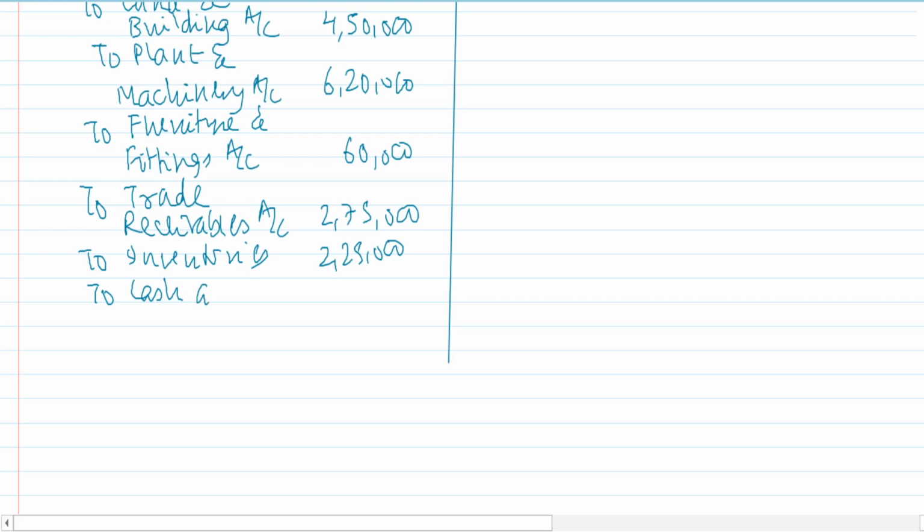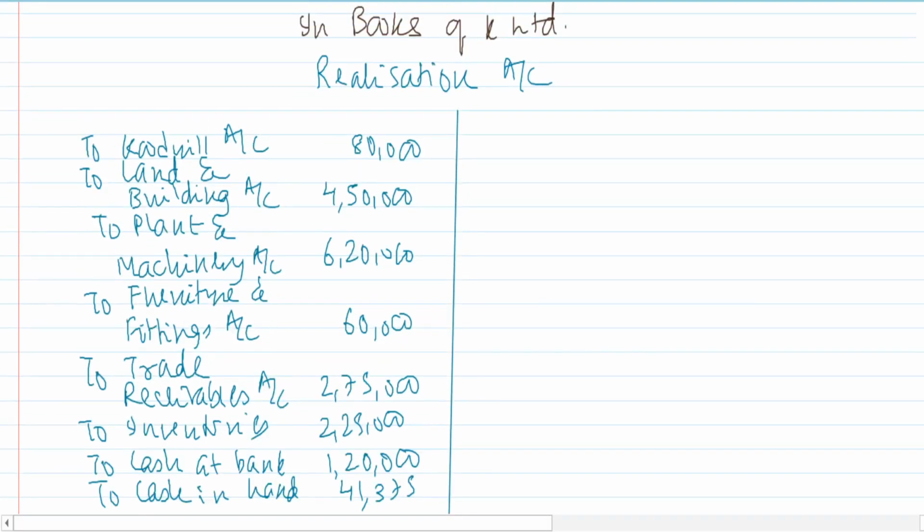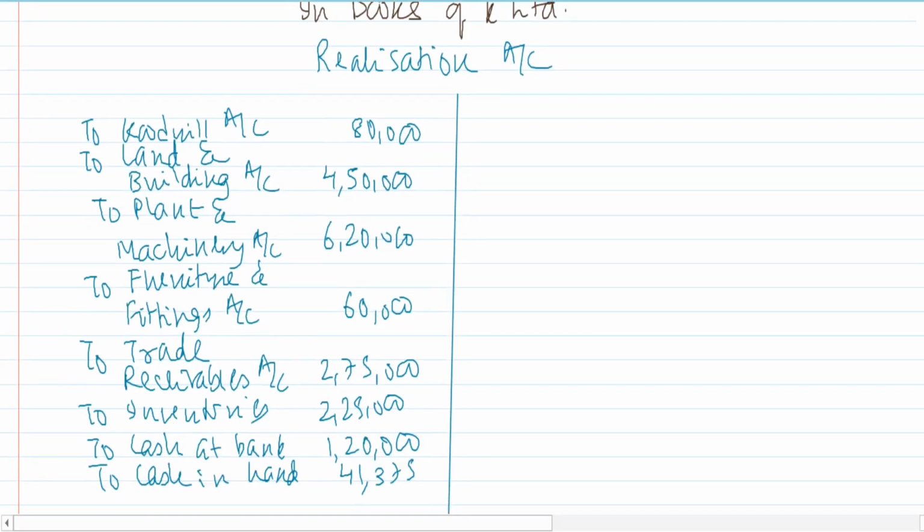To cash at bank, 1,20,000. To cash in hand, 41,375. That is it. Similarly, the liabilities will be transferred to realization. Liabilities account debit to realization.